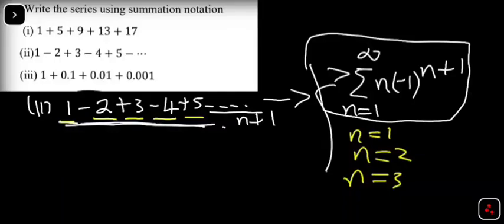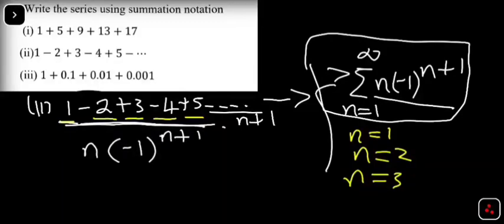So if n is equal to 1, what will be our first term? You get n times negative 1 raised to the power n plus 1. So when n is equal to 1, what would be the value of our first term?